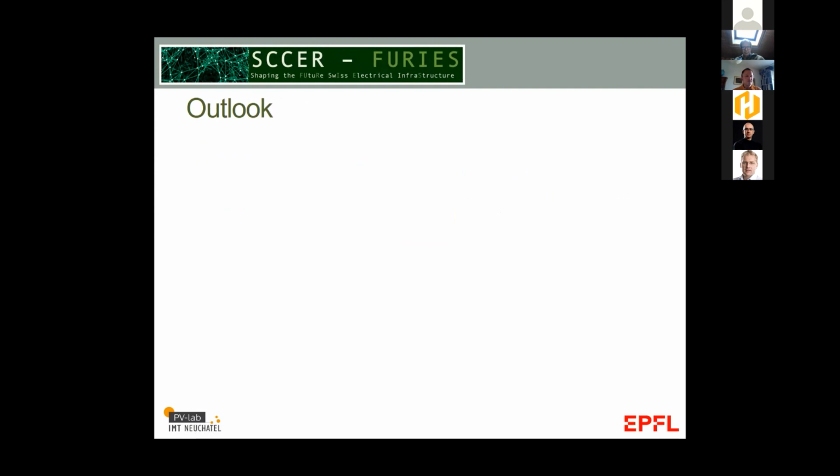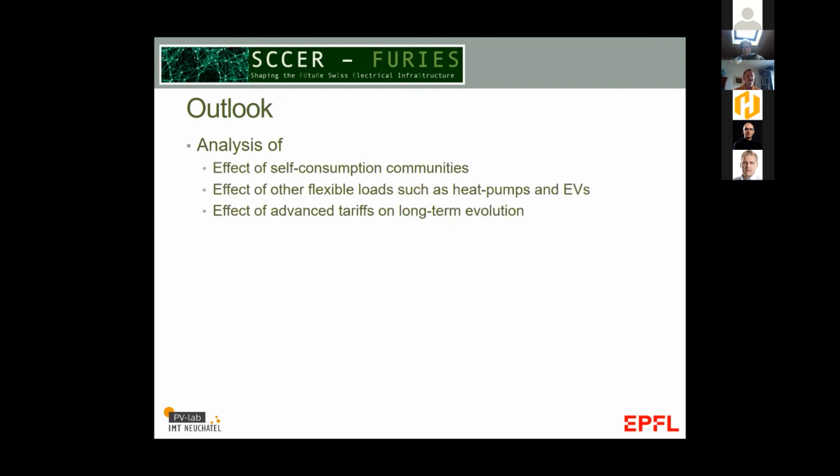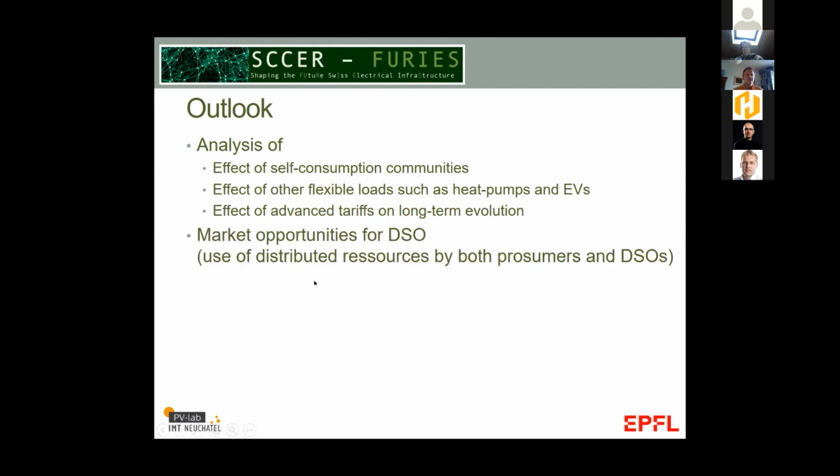Some outlook to this work: we would like now to analyze the effect of self-consumption communities, to introduce also flexible loads such as heat pumps and EVs, and look at the effect of advanced tariffs on this long-term evolution.